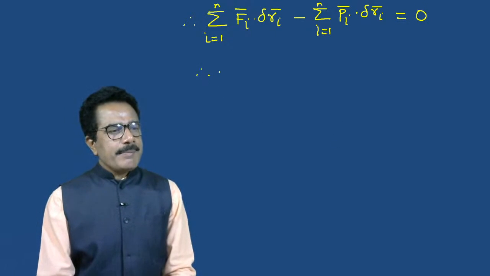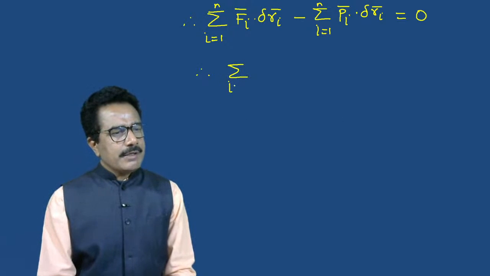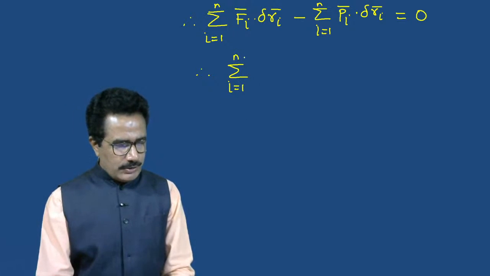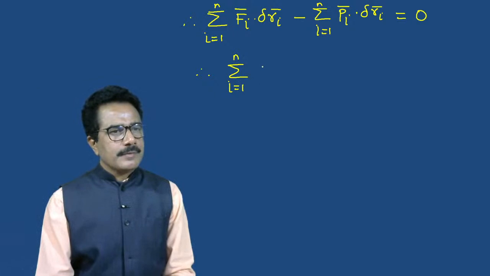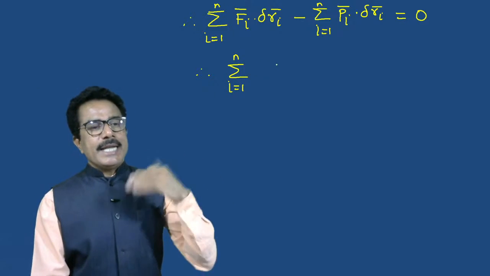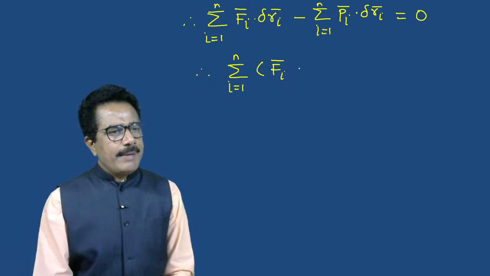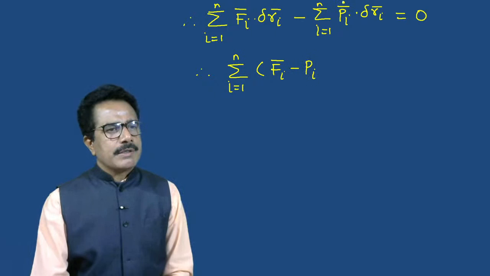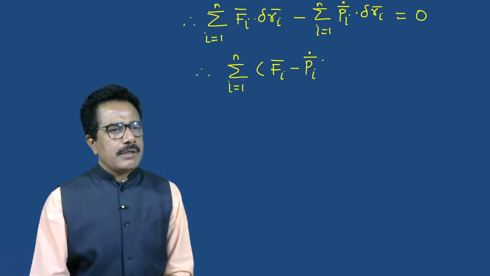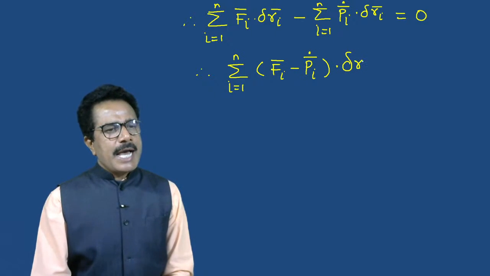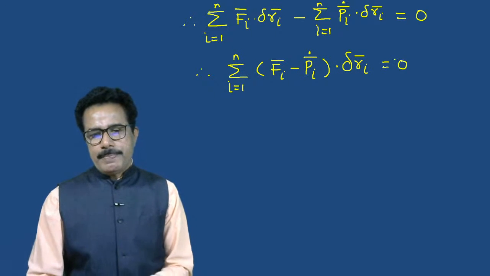We can take the summation common, summation i equals 1 to n, and delta Ri common, then we get Fi bar minus pi bar dot into delta Ri bar, which is equals to 0.